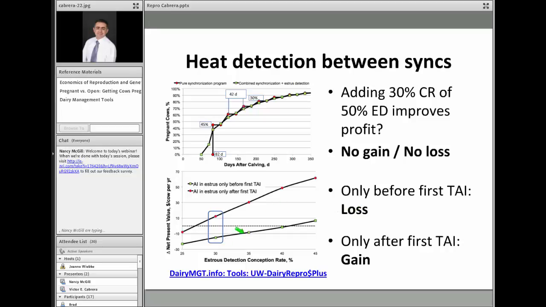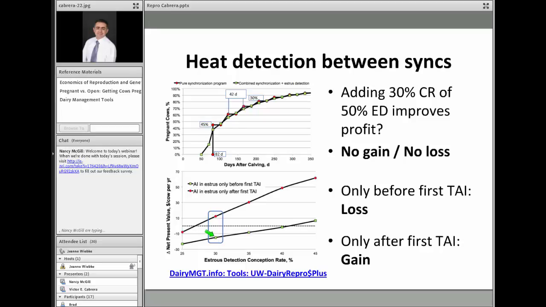If we assume that the estrus detection is 30%, we will have a negative value, meaning I'm better off not doing cherry picking before the first time AI. This makes sense because cherry picking will have a 30% conception rate compared with a 45% conception rate with our first time AI, which is very large, even though we will need to wait quite some time to get that first time AI.